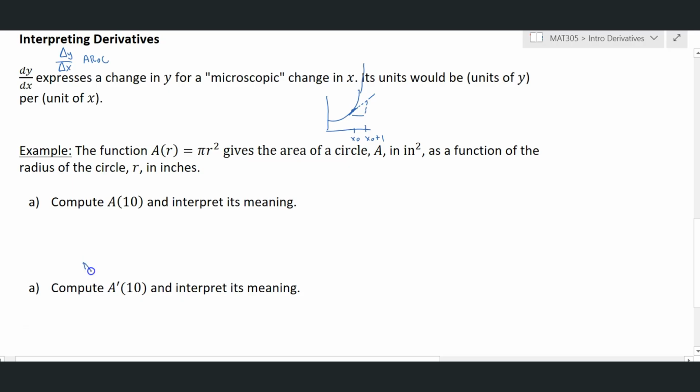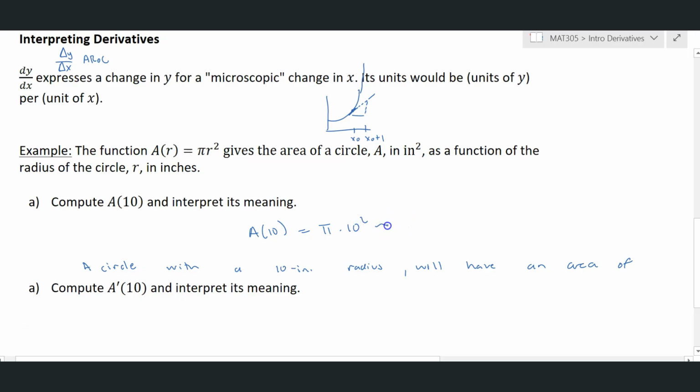So we could start by saying a circle with a 10-inch radius will have an area of, well, we need to calculate that. So A of 10 would mean that we have to calculate pi times 10 squared.